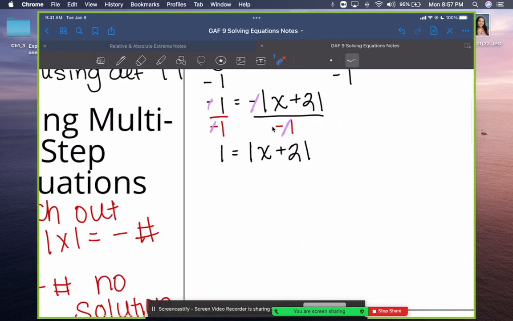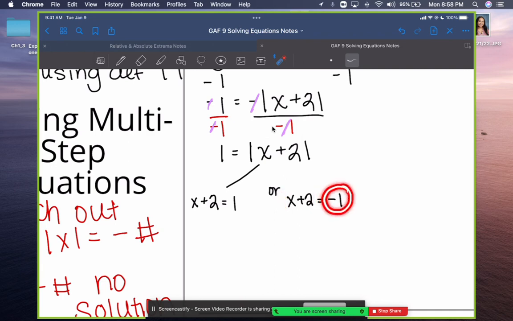So since it's always going to be positive, that doesn't mean that it wasn't negative at one point. So let me show you what that looks like. We're going to write it in two different ways. So we're going to have x plus 2 is equal to positive 1, or x plus 2 is equal to negative 1, because our absolute value will always result in 1.